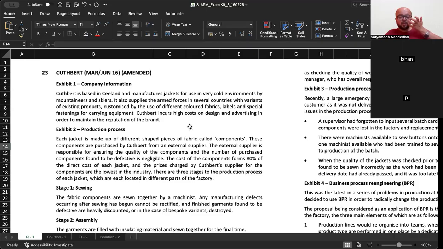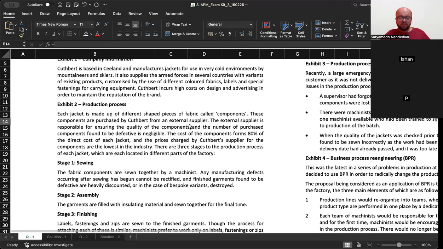Each jacket is made up of different shaped pieces of fabric called components. These components are purchased by Cuthbert from an external supplier. The external supplier is responsible for ensuring the quality of components, and the number of purchased components found to be defective is negligible. The cost of components forms 80% of the direct cost.